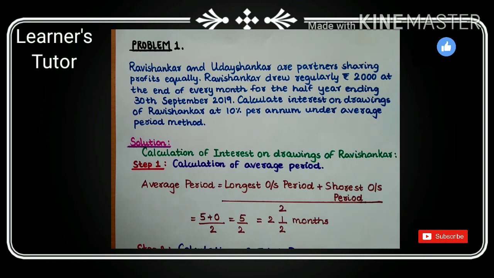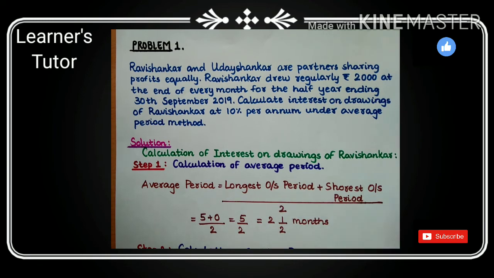It is how many months? 5. 5 is longest. So shortest period would be 0 because he's not left even 1 month without withdrawing money. So it would be 0. So longest is 5 because all the 5 months he's taking. Shortest outstanding period, not even 1 month he's not taken 2,000, it's never told here. So it is 0. By 2, 5 by 2, that is 2.5 months.